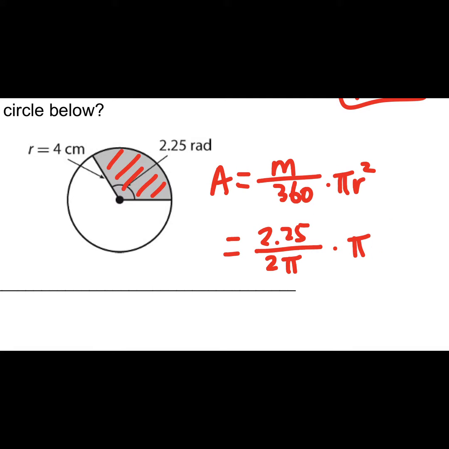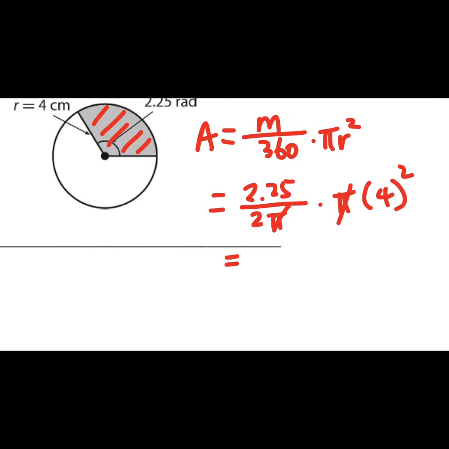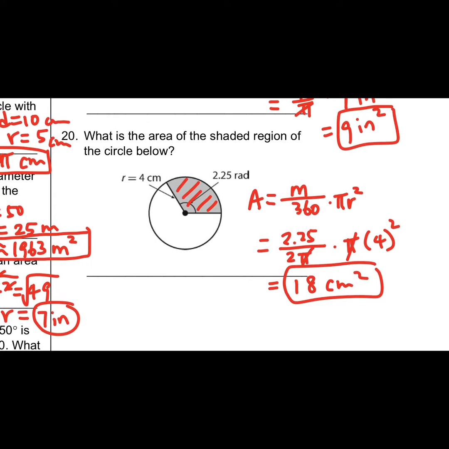We actually know the radius, which is 4, square that. So the pi's will cancel out, and we have 2.25 times 4 squared, which is 16, and then divide by 2, we will have 18 centimeters squared as the answer for number 20.